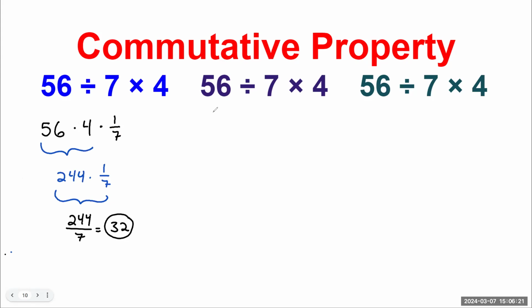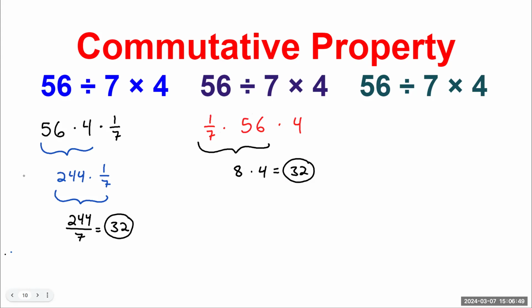In the middle, we're going to rewrite this again. And this time, we're going to place the 1/7 out in front and then multiply that times 56 times 4. And 1/7 times 56, 1/7 of 56 is 8. 8 times 4 produces 32.